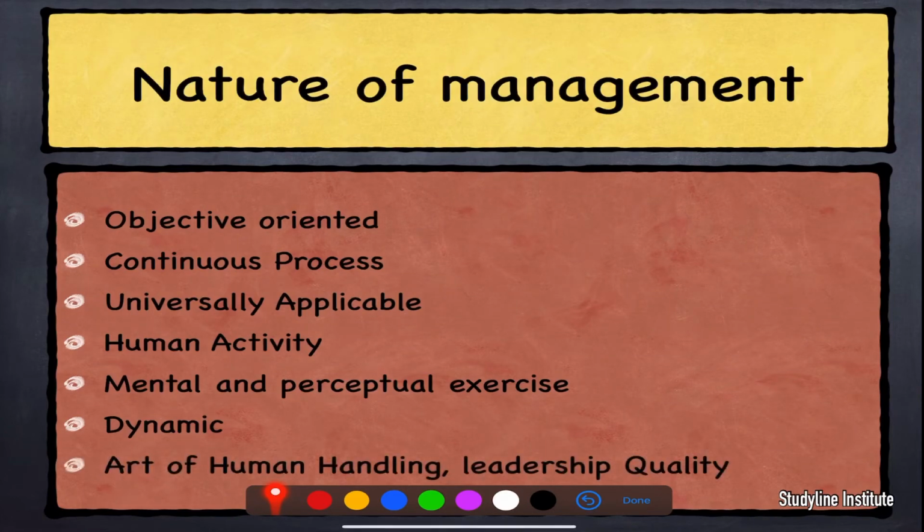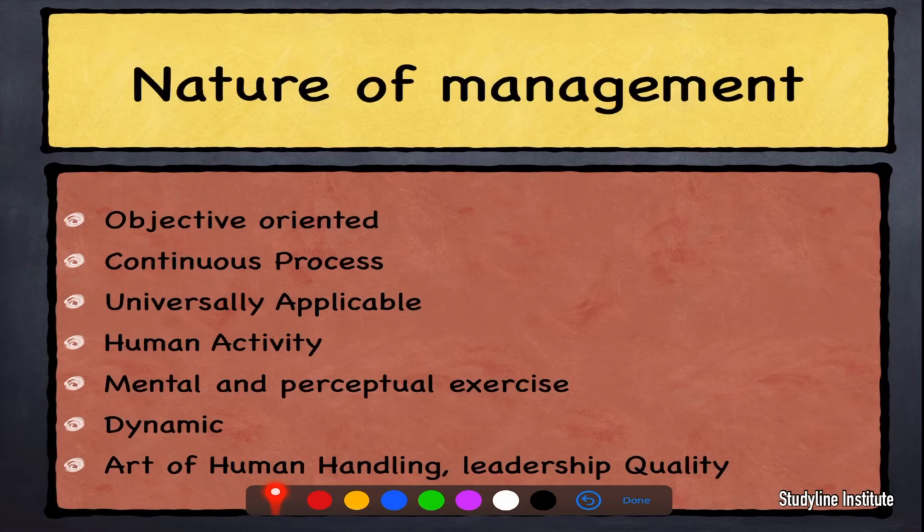Art of human handling, leadership quality. Yes, हम मैनेजमेंट को लीडरशिप क्वालिटी भी कह सकते हैं. We need to lead our employees, we need to lead our company. हमें लीड करना है, आगे लेके जाना है, मैनेज करना है सारी कंपनी को. And it's an art of human handling because machines को हम रिपेयर करते हैं, right, उसको हैंडल कर सकते हैं.